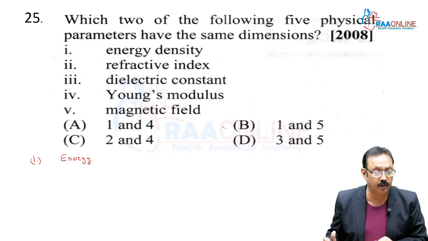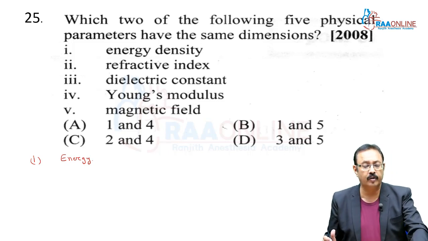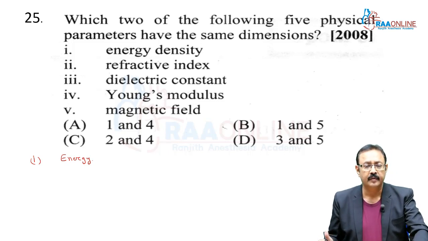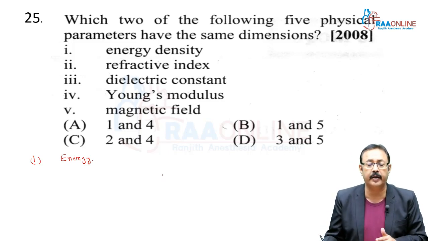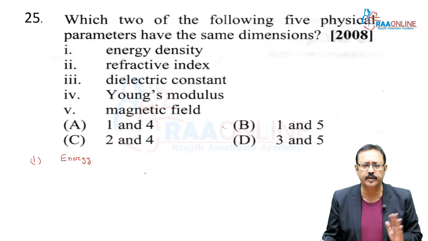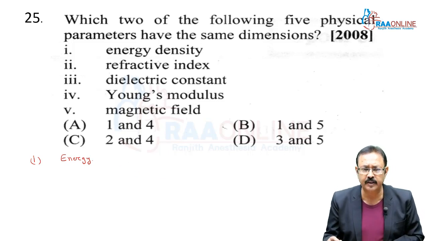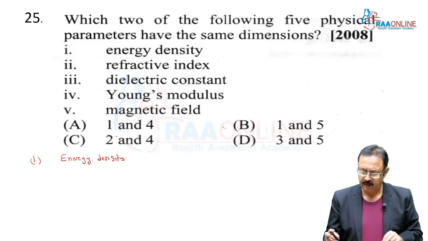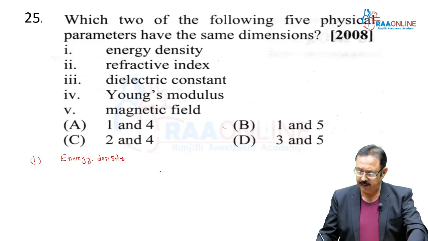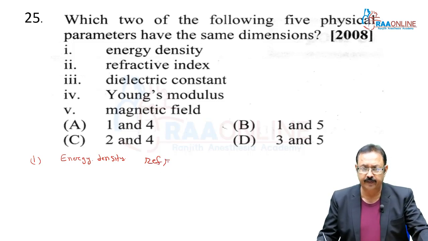What is the dielectric constant? You will get it in the capacitance chapter. And the fifth one is magnetic field, which we have calculated so many times. So first we are going with energy density. Then we will calculate refractive index.